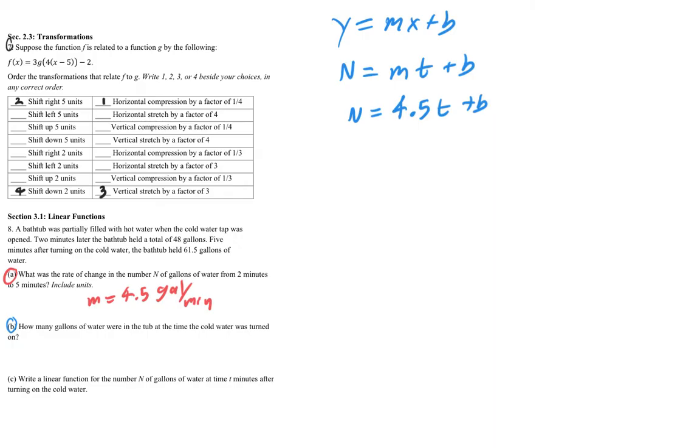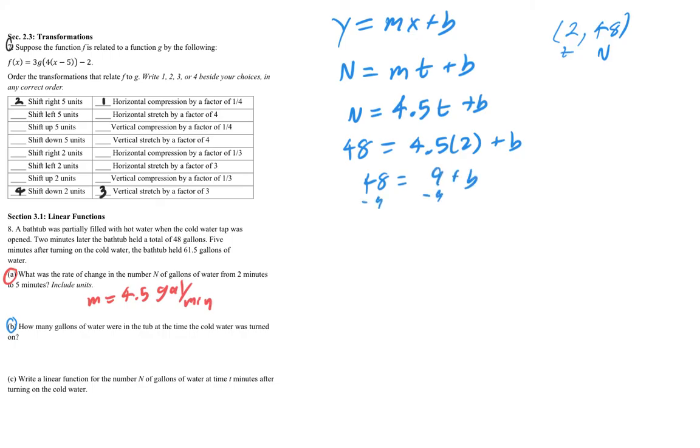So we'll use one of our points, (2, 48). We plug 2 in for t and 48 in for n. So 48 is equal to 4.5 times 2 plus b. So 48 is equal to 9 plus b. Subtract 9 on both sides, so b is equal to 39 gallons.